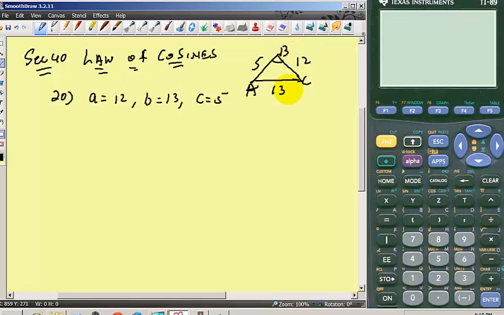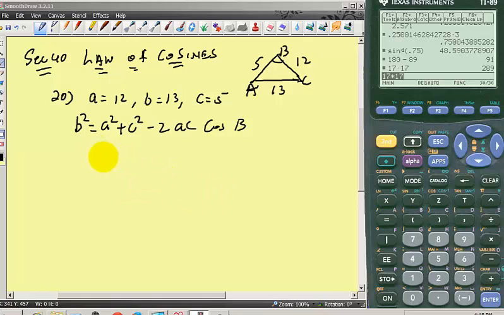With sine you have to be careful because of domain restrictions. So let's solve for b. We're going to use this formula: b squared is equal to a squared plus c squared minus 2ac cosine of angle b. You'll see what I mean in a second.